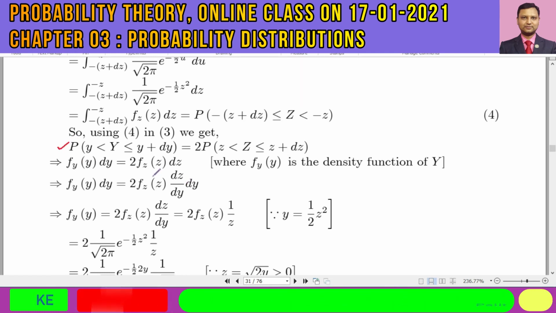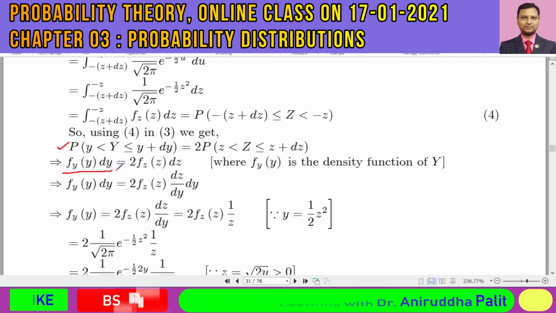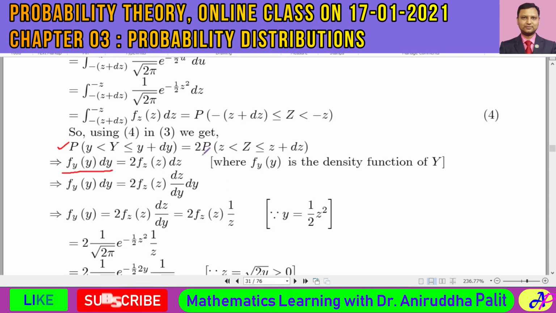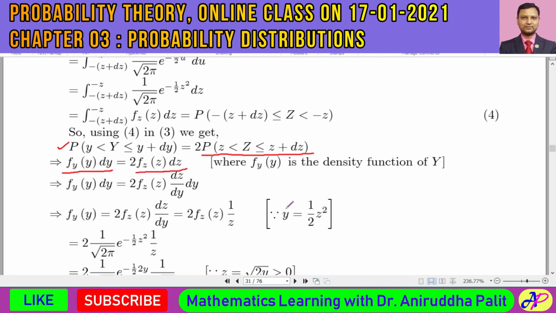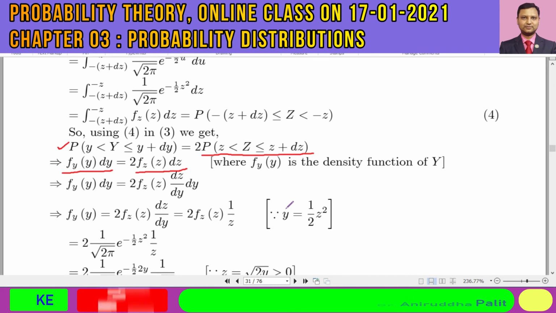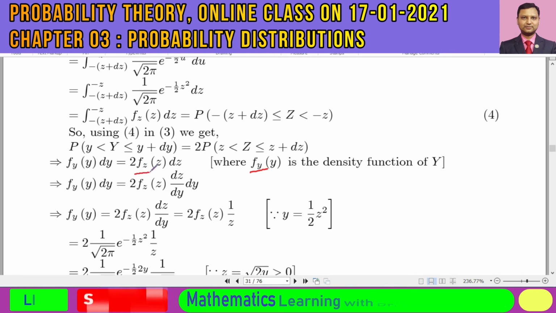This probability differential can be written in this way: fy of y multiplied by dy, and the probability element, the probability of z less than capital Z less than or equal to z plus dz, can be written as fz of z into dz. So we got this type of result, where fy of y is the density function of y and fz of z is the density function of z.